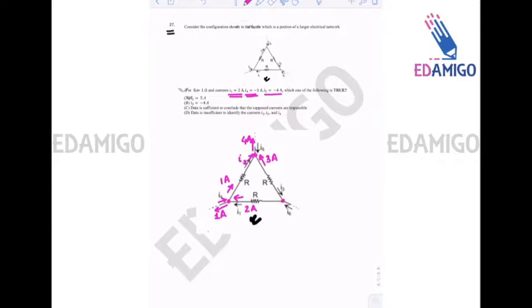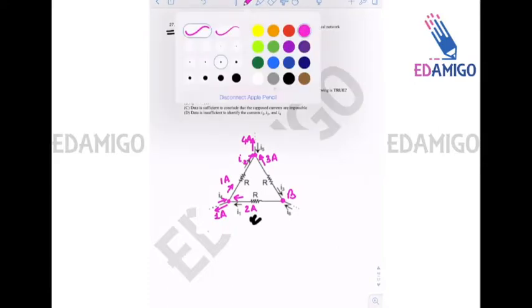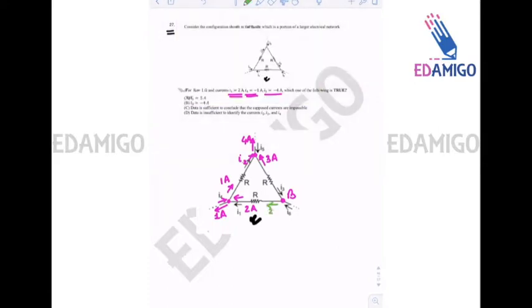Now at this node B, since the current in this branch is 2 amperes and in the other branch is 3 amperes, the incoming current, that is I6, has to be 5 amperes. So by simple KCL at the 3 nodes I get the result: I6 is equal to 5 amperes.